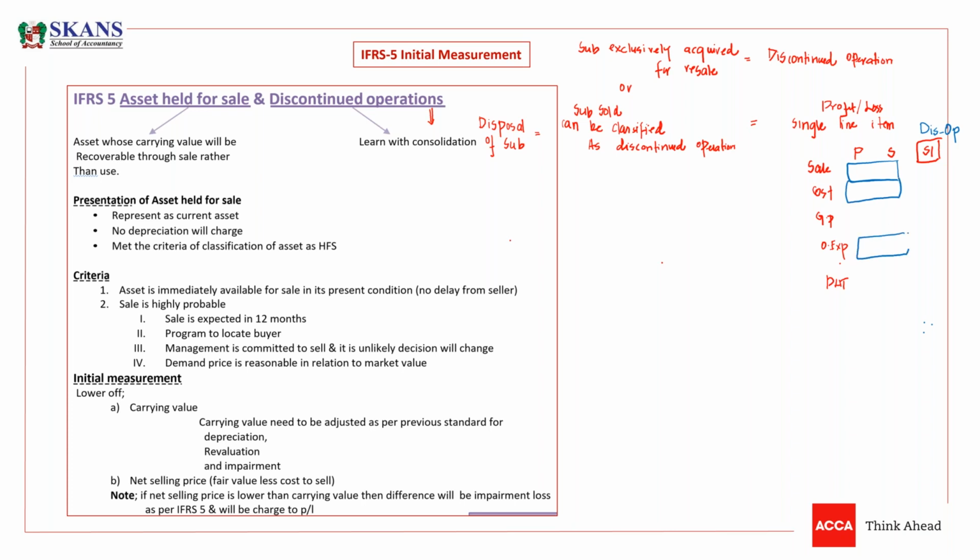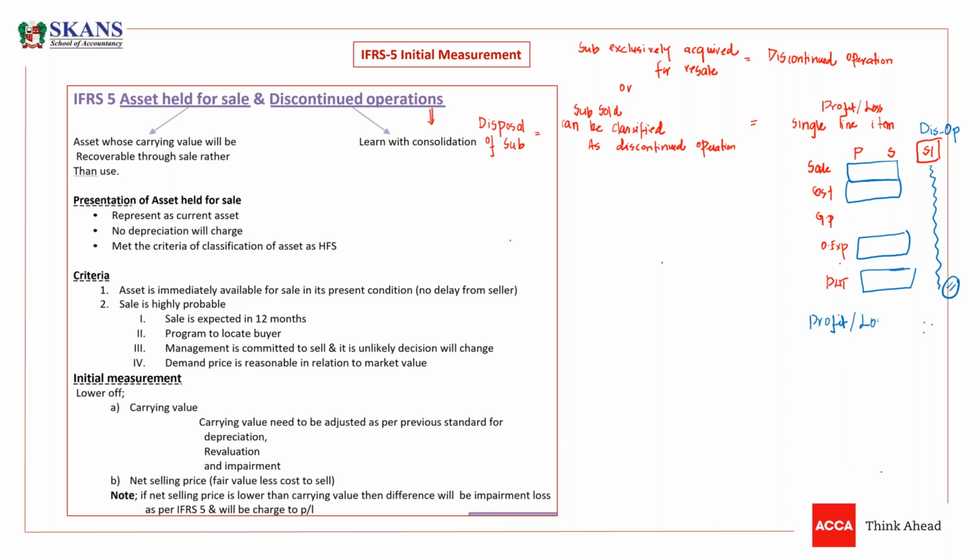We will add these expenses of parent and subsidiary, and obviously the PAT as well. We are not going to add line by line income and expenses of this subsidiary. We will pick the profit or loss from this discontinued operation and show it as a single line item.